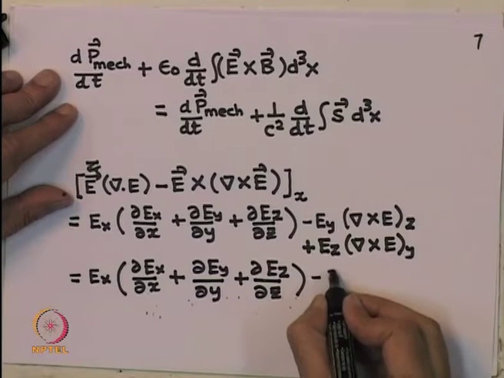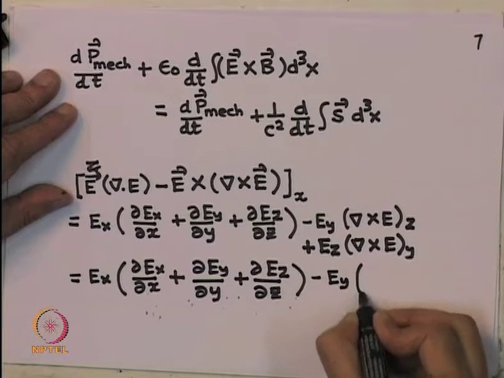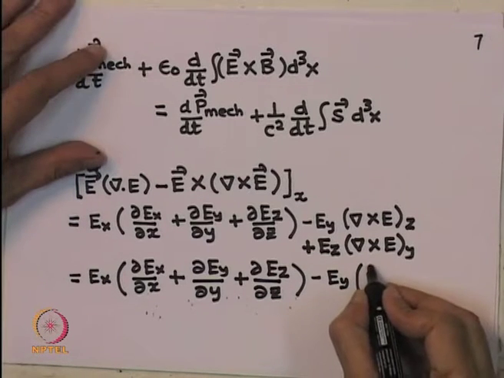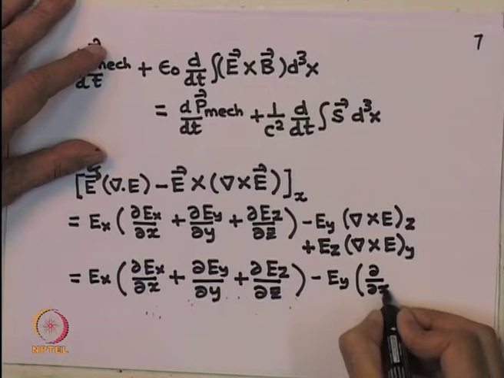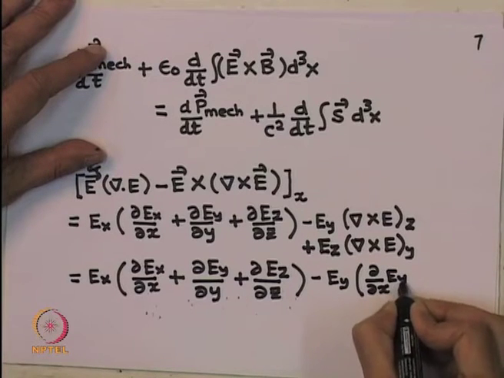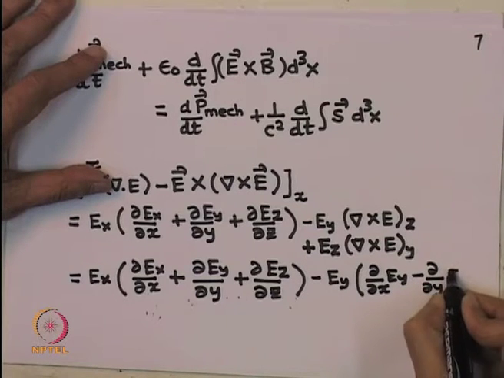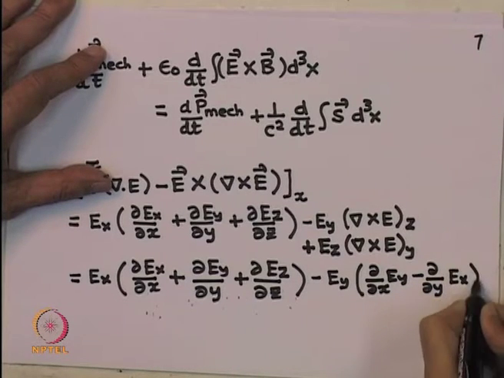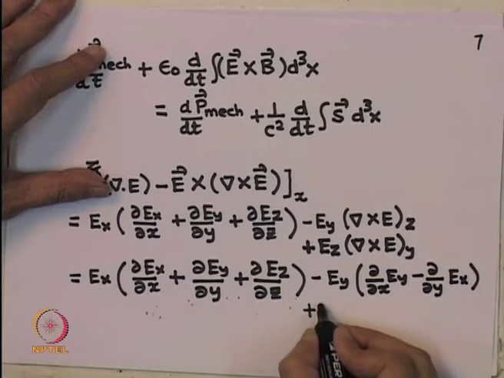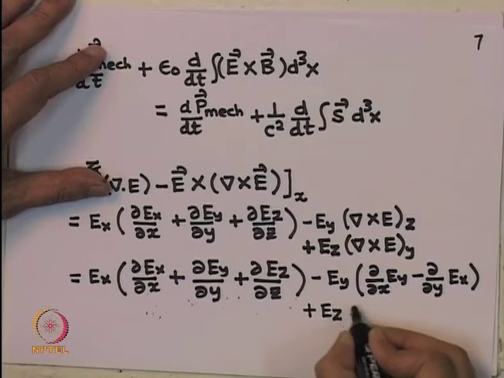Minus E y del cross y, del cross is z component. So, d by d x of E y minus d by d y of E x plus E z y component.